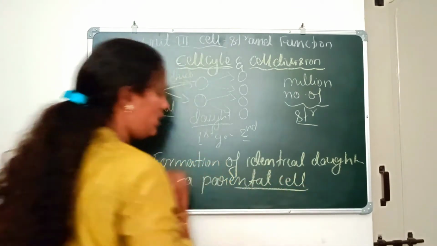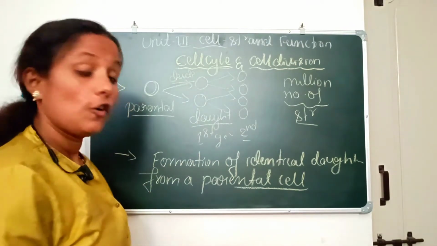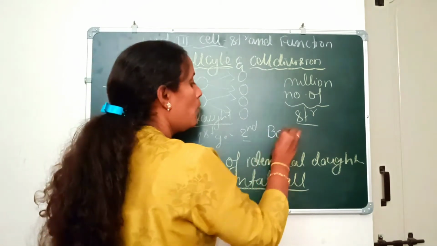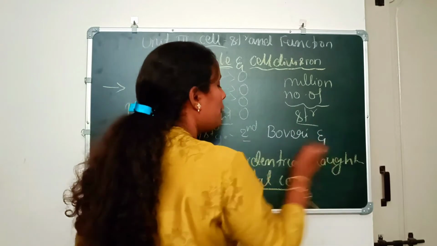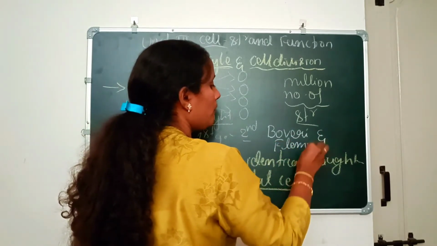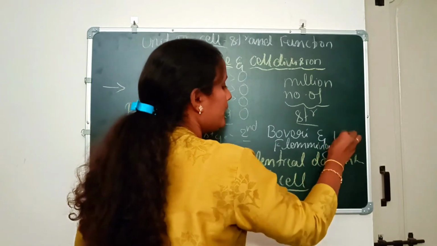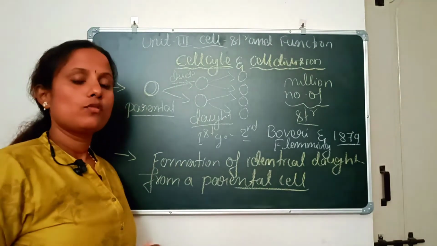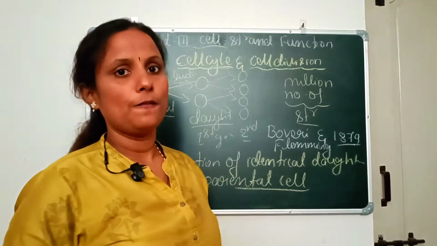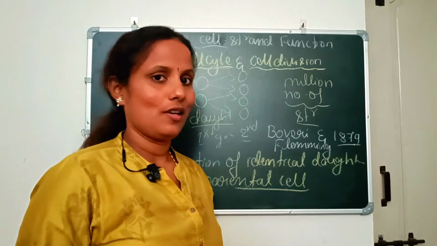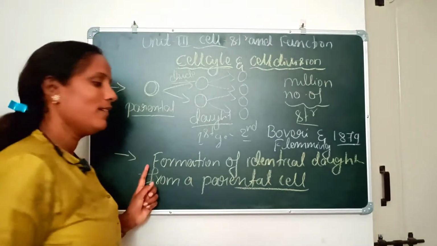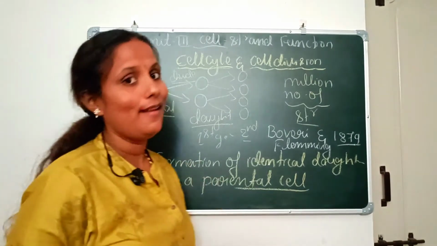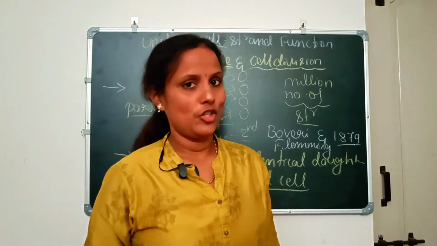The process of cell division was first demonstrated by two scientists, Boveri and Fleming, in the year 1879. They studied the process of cell division in detail in different types of cells, and they gave the final definition: the process of formation of identical daughter cells from a parent cell is called cell division.